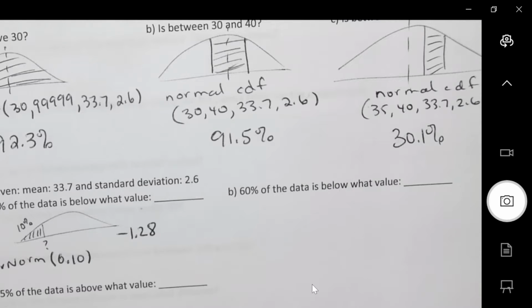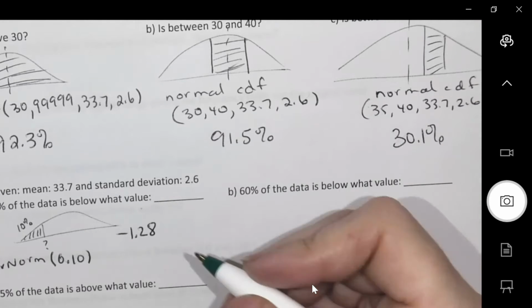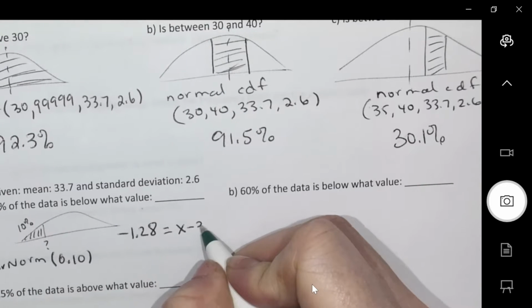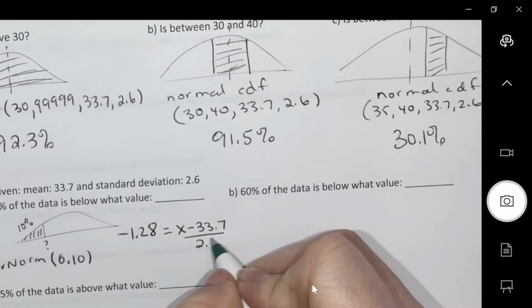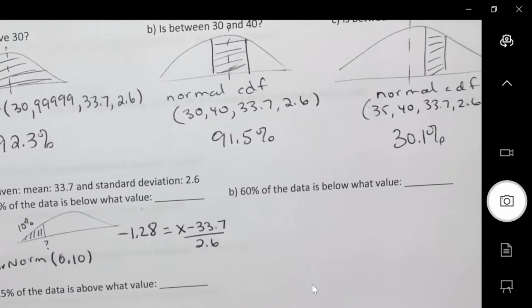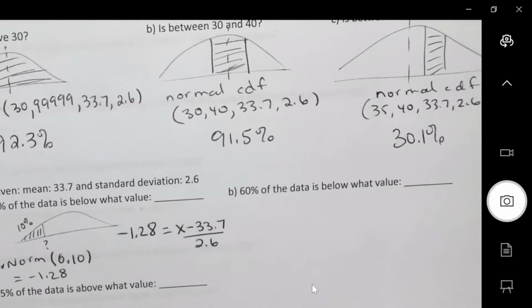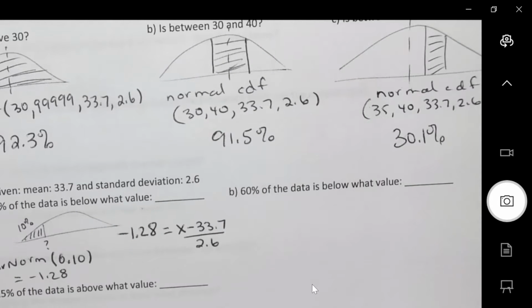That is a Z score. So what is my score? Okay, so I'm going to times and add. Remember the algebra? Times by 2.6, add 33.7.